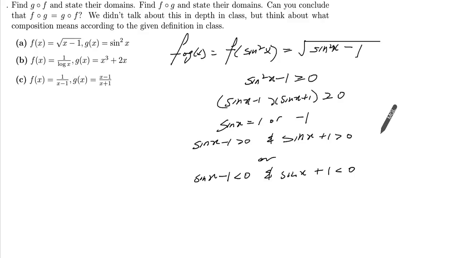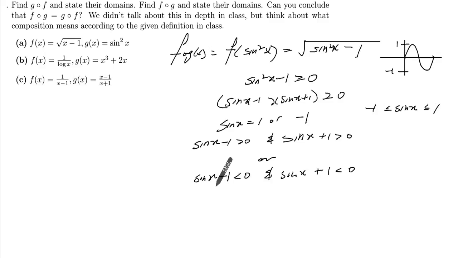Now, one important thing, remember the sine of x. I'm talking about the y value on the sine curve. That's a cosine curve. The minimum value is negative 1 and the maximum value is positive 1. So it's between negative 1 and 1.